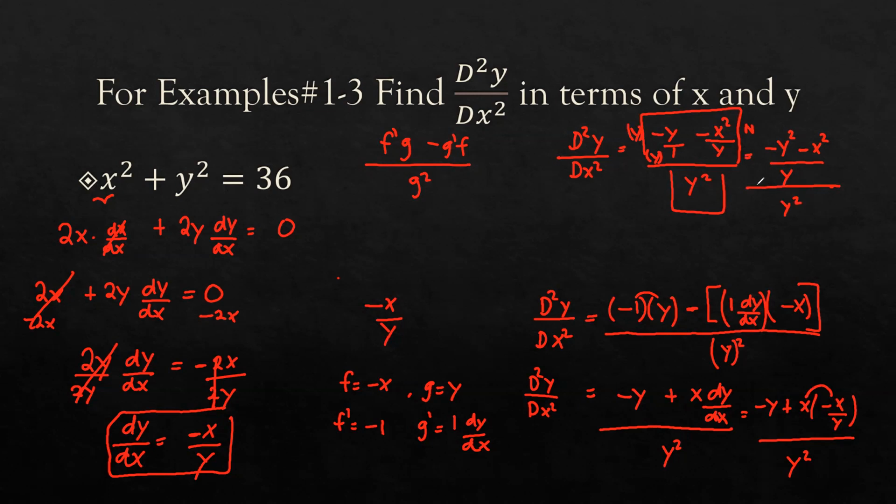If you simplify this, cross multiply. When you cross multiply, the numerator will be -y squared minus x squared, all over, and y times y squared is y cubed.